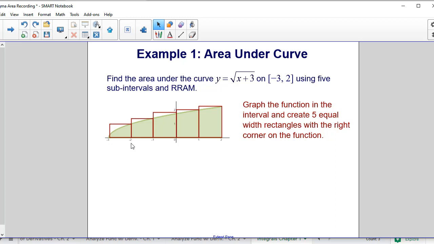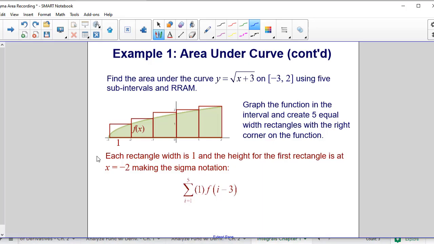We go over 1 unit to -2, and the height of the rectangle is set up in such a way so that the right-hand corner of the rectangle is on the graph of the function. Our second rectangle begins at -2, goes over 1 unit to -1, and it too is set up so that the right-hand corner of the rectangle is on the graph of y equals the square root of x plus 3. This continues in the same manner for the other 3 rectangles.